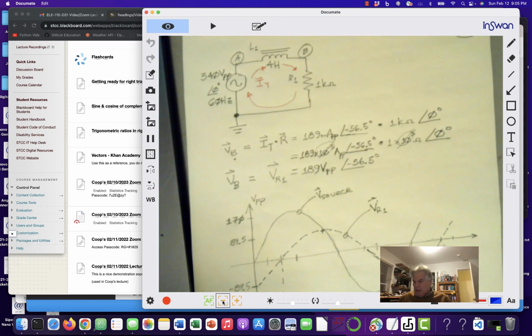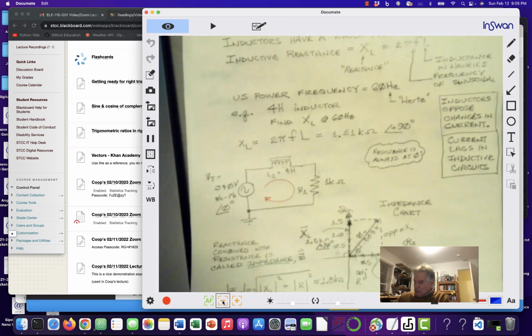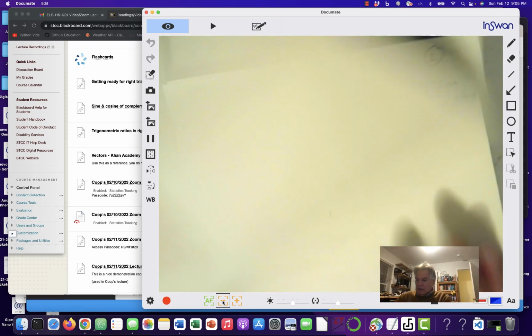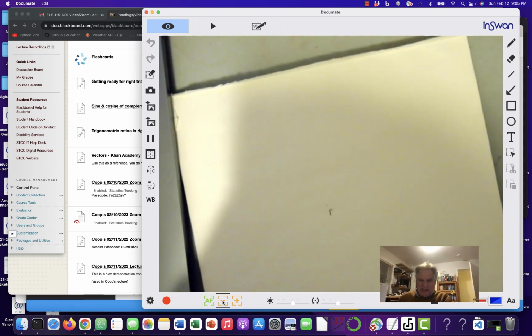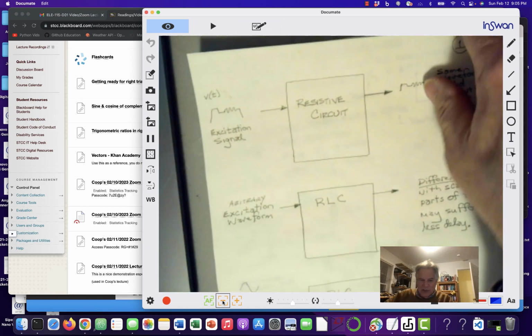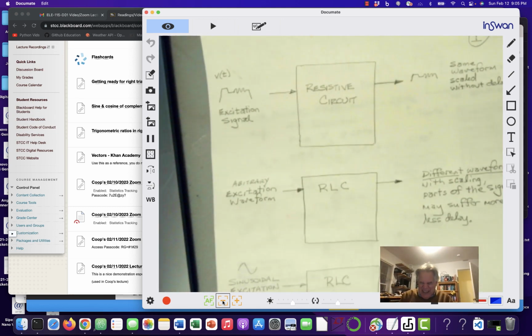Okay, let's call it a wrap there, and we will go on with more AC steady state analysis and this idea of inductance and what it does to us. For one thing, you'll see that when the voltage and the current are out of phase, you do not have a full power delivery.